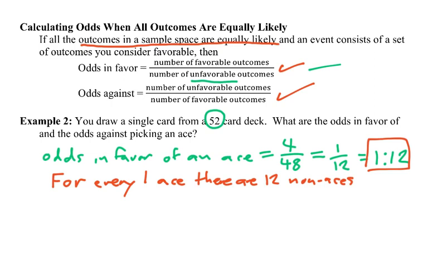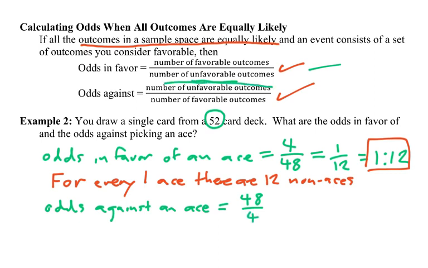Let's talk about the odds against an ace. So that would be the number of unfavorable outcomes. If you want an ace, what would be unfavorable? Picking anything else. There are 48 unfavorable outcomes and 4 favorable outcomes.